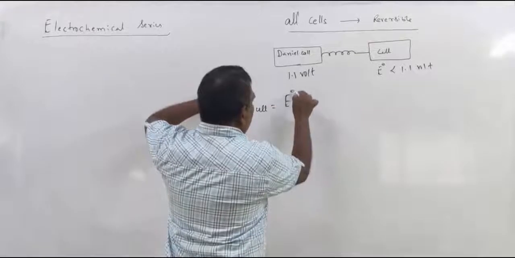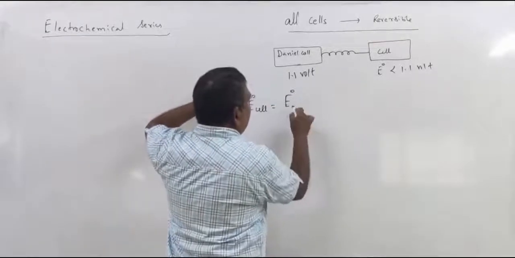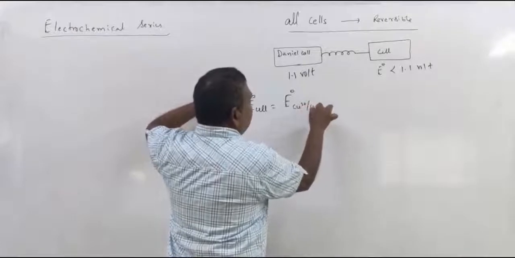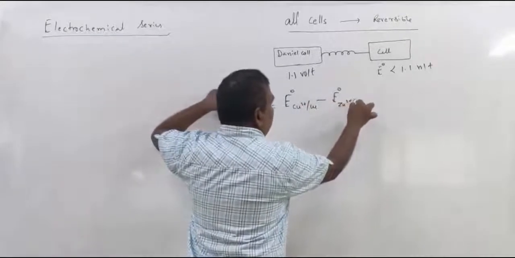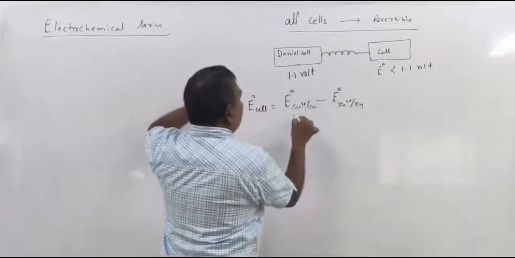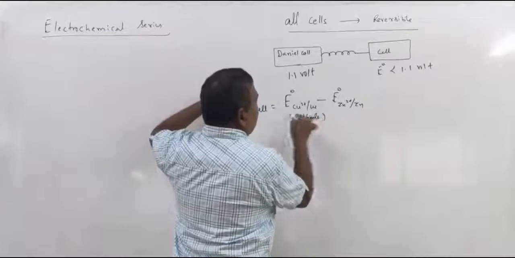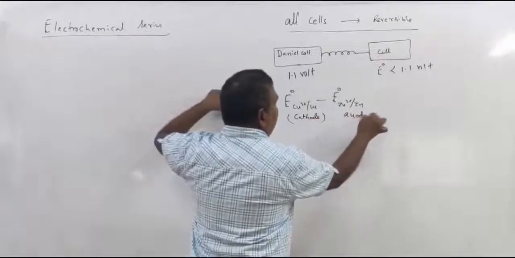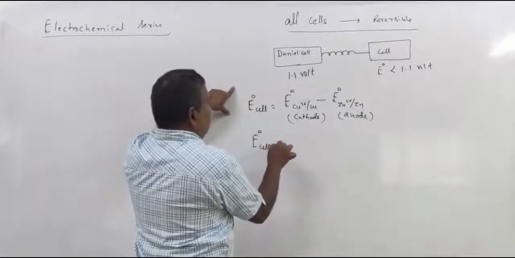So E naught cell is equal to E naught Cu2+/Cu minus E naught Zn2+/Zn.